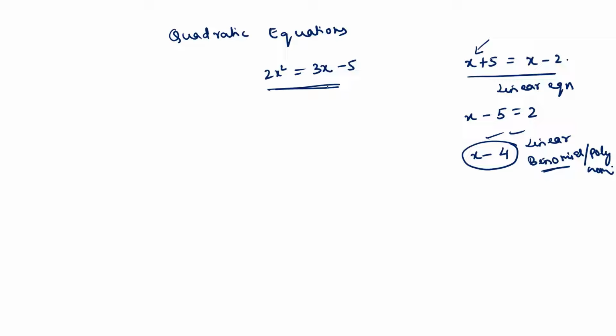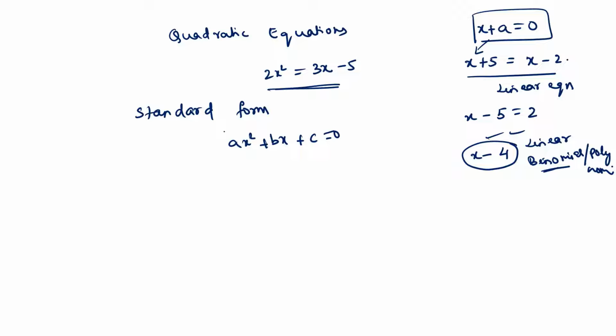What is the standard form of a quadratic equation? ax square plus bx plus c is equal to 0. Yes, very good. This is the standard form of a quadratic equation. Like how a linear equation has this form, even a quadratic equation has this form.